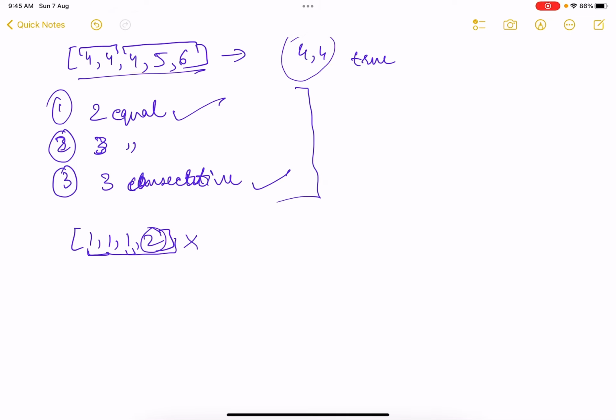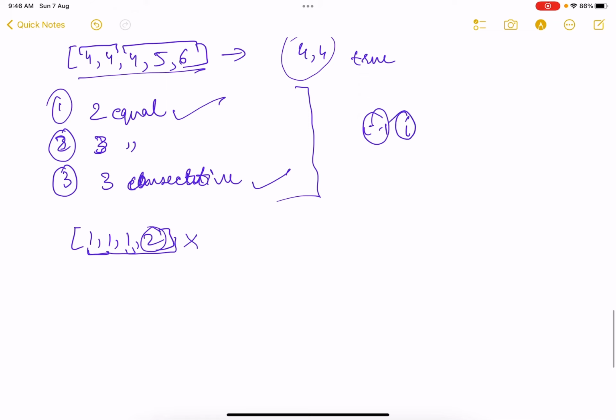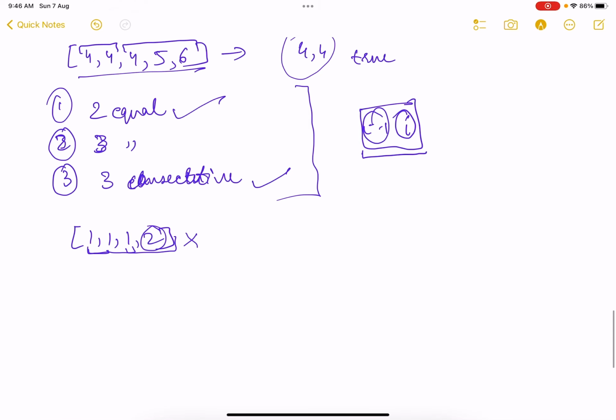Now just think in terms of breaking this problem. Suppose I am at position i. Now just see, if this element and the i minus 1th element are equal, that means there is a possibility of forming a valid partition if I consider just these two elements.